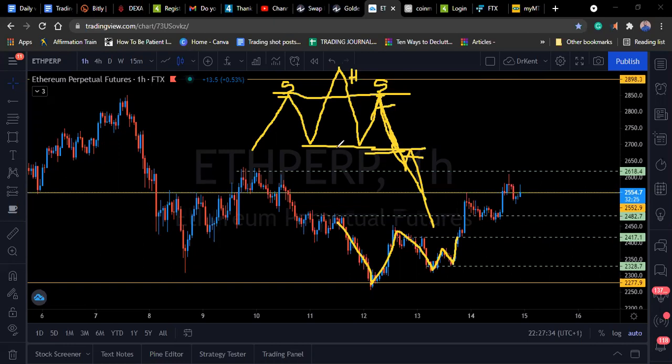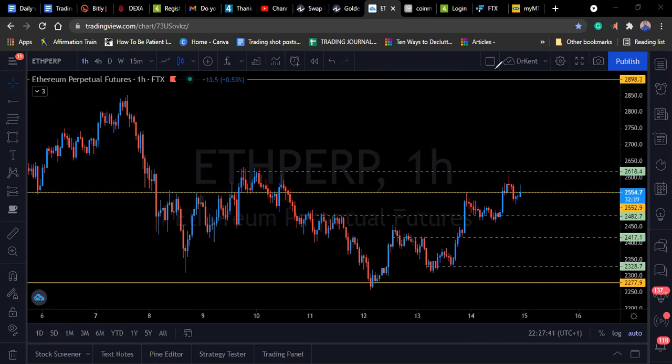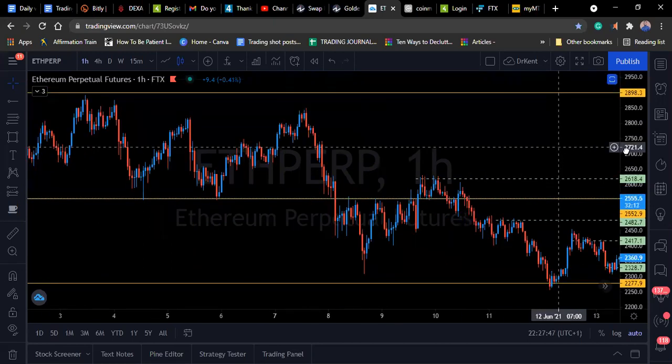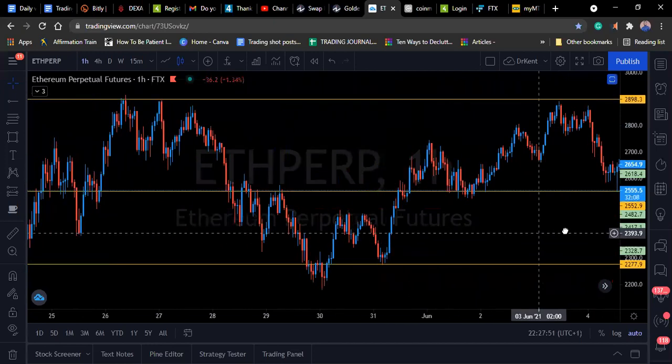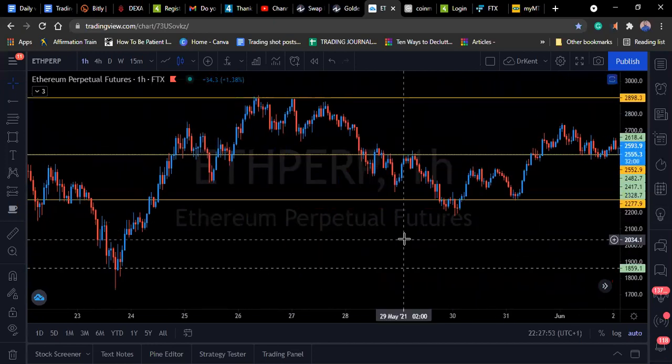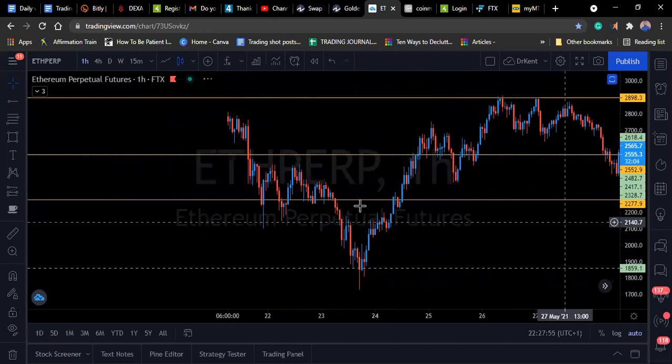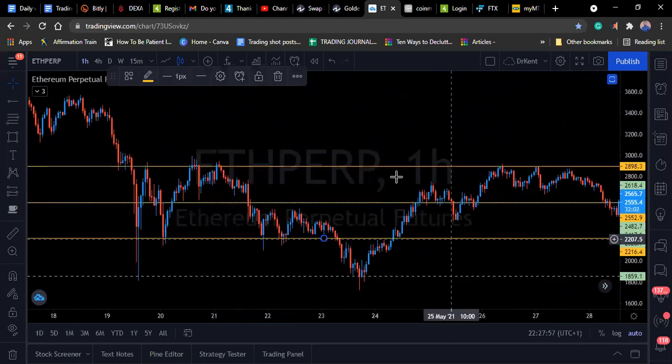Now let's look at the complex W. We just looked at the complex M. Let's look at the complex W. There's actually one on Bitcoin last week.